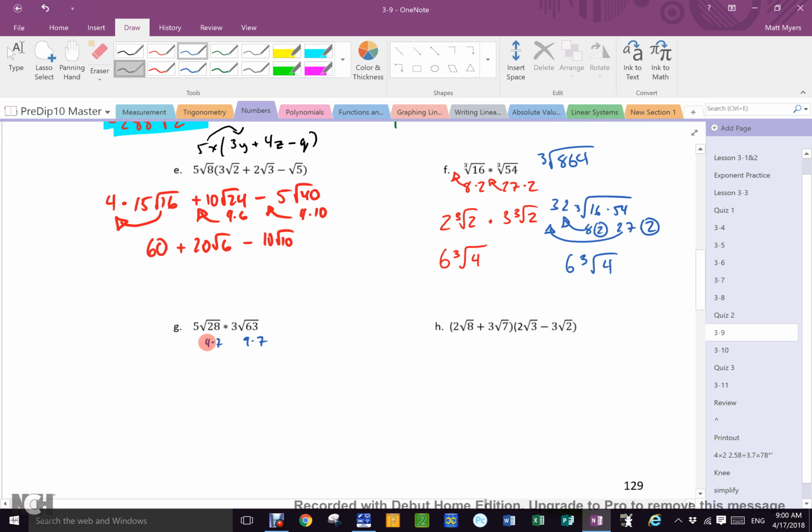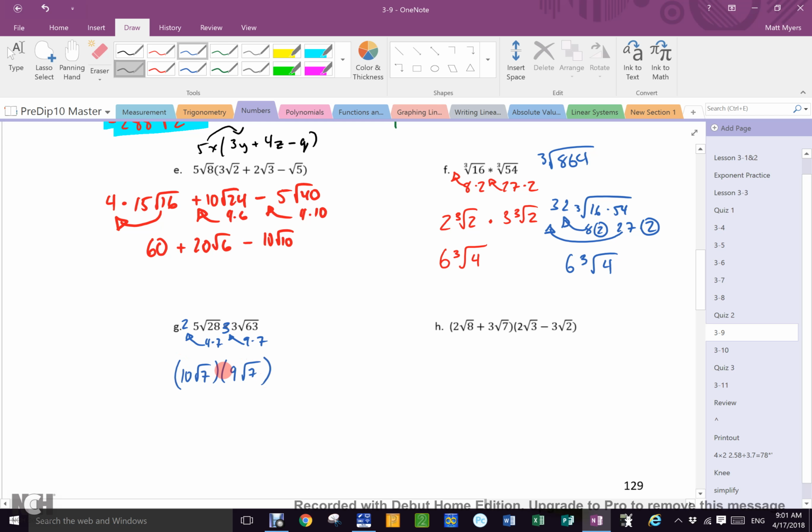Square root of 4 is 2. What goes out? 2. What's already there? So what do I get? 10 root 7. What's square root of 9? 3. So what goes out? 3. What's already there? 3. So what do we get? 9 root 7.